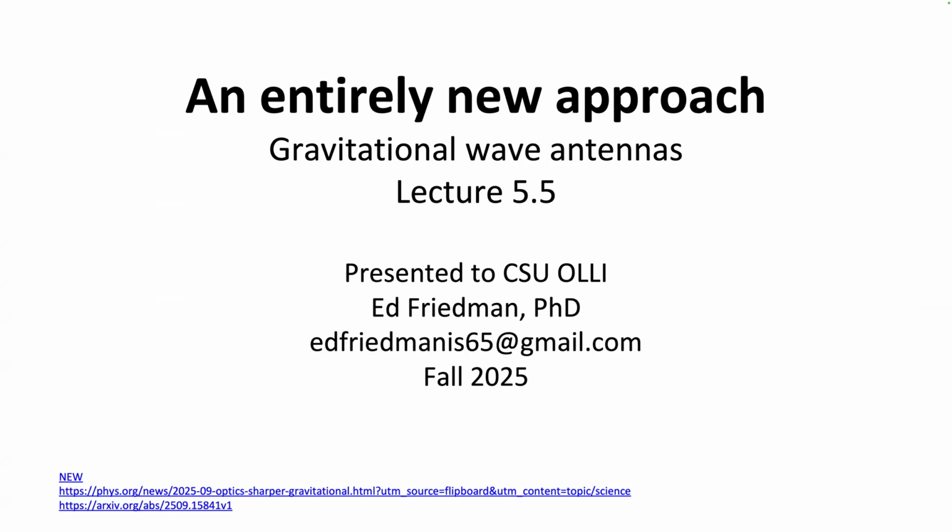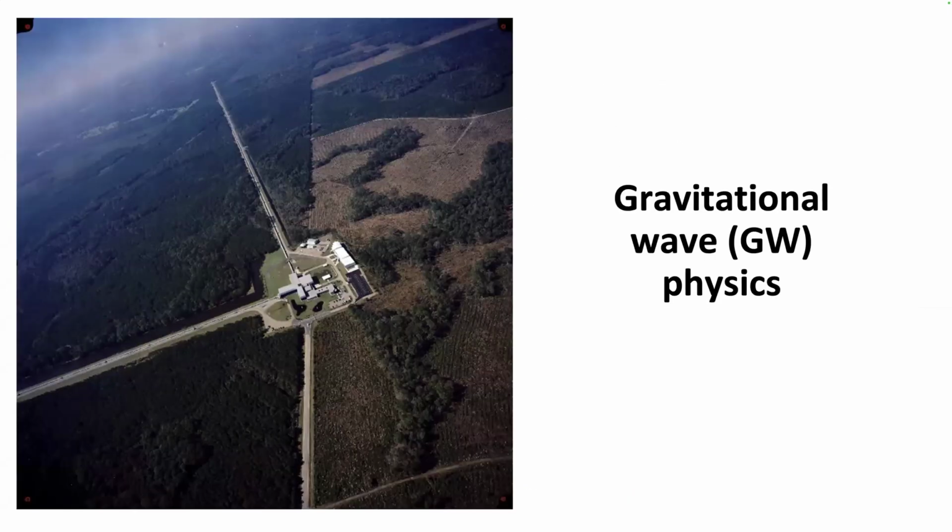The only way to detect it is to build this thing, and it's a challenge getting it built. So here is an aerial photo of the one in Louisiana. It has a partner in the state of Washington. We need two of them at least so we can exclude common events. For example, if there's an earthquake halfway between the two observatories, it would shake both of them.